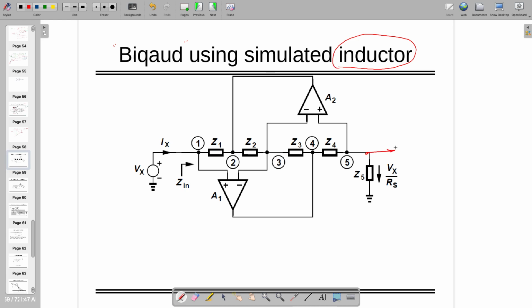If you are looking into this Zin, you are going to see the combination of impedances, and that will give you something like s times some value, and through that you can tune it. But this is using op amp, so we are going to call this a simulated inductor. This is not a real inductor, but if you're looking into the circuit, you are going to see an effective inductor.